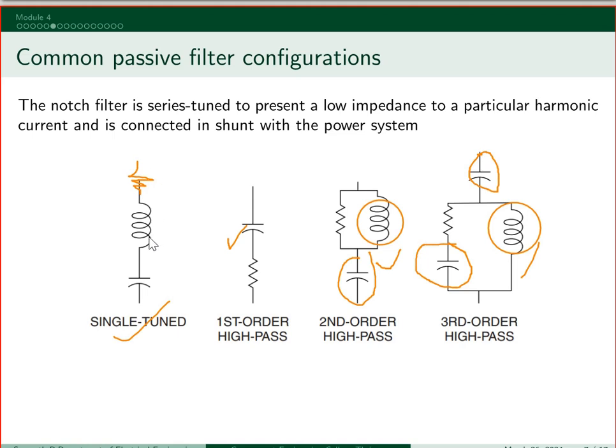So this is a single tuned filter, and it works on the principle of series resonance, where once XL is equal to XC, you will have a low impedance path, and that provides a low impedance path for that particular frequency component.